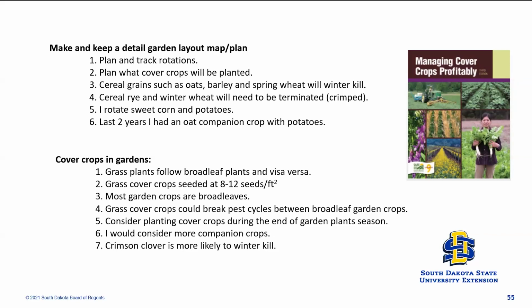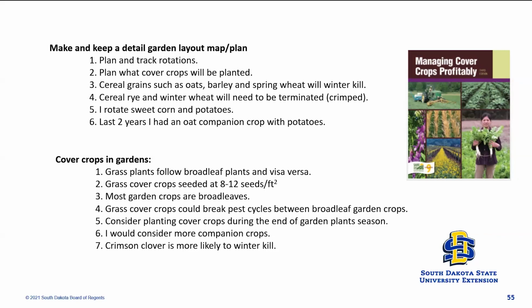As far as cover crops, grass plants follow broadleaf plants and vice versa. So kind of think of that. It's not an absolute rule. I mean, you could have a mix of cover crops, but if it's predominantly grass, they can come before a broadleaf crop. If I was seeding grass cover crops, 8 to 12 seeds per square foot is plenty.